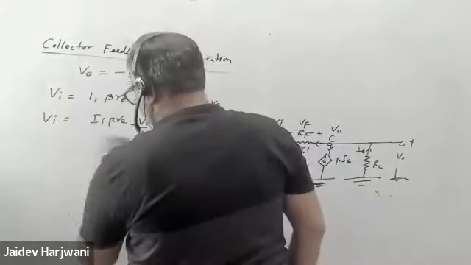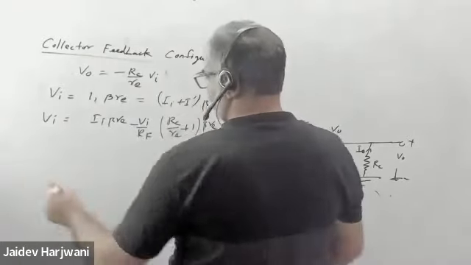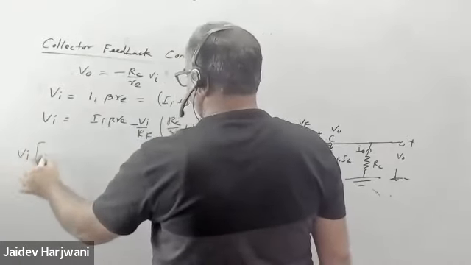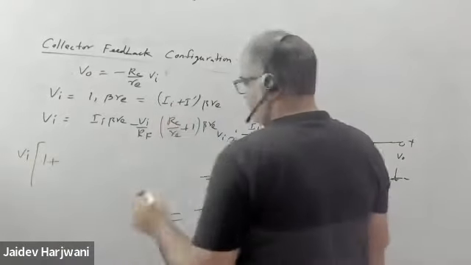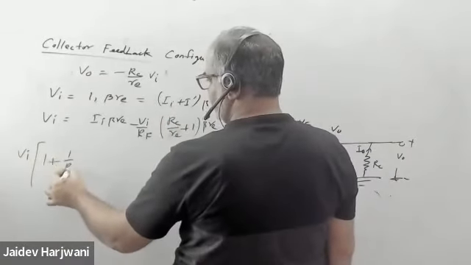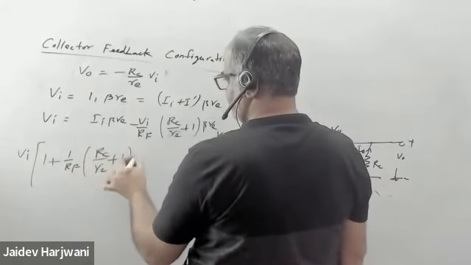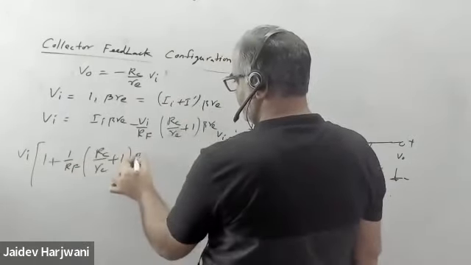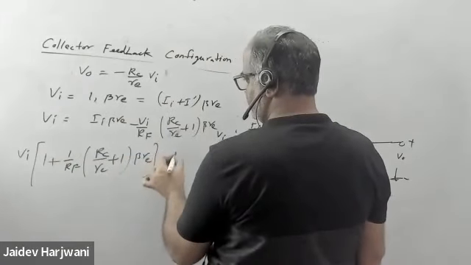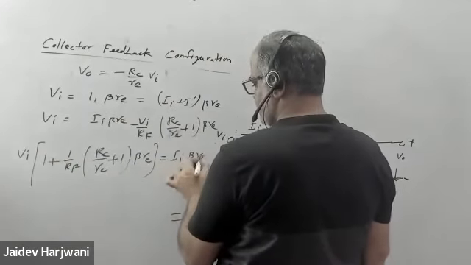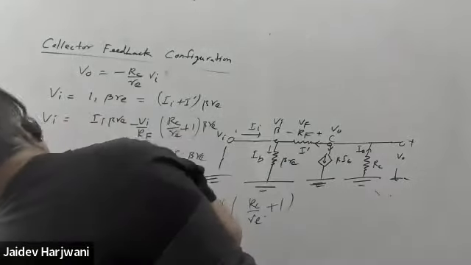And this will give me V input 1 plus 1 upon RF, RC plus RE plus 1, okay, beta RE, and this is your I beta RE, okay.